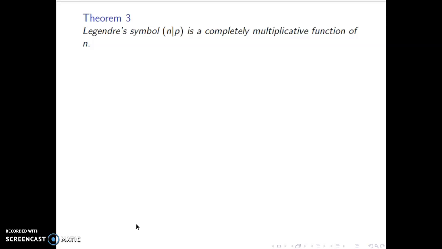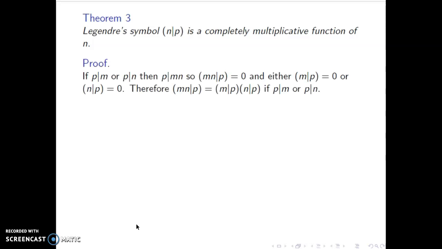Next theorem says that the Legendre symbol (n/P) is a completely multiplicative function of n. Let me prove that. If P divides m or P divides n, then P divides mn, so that (mn/P) is equal to 0, and either (m/P) is 0 or (n/P) is 0.